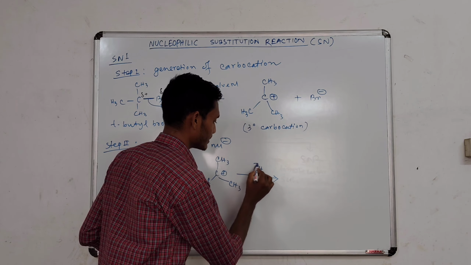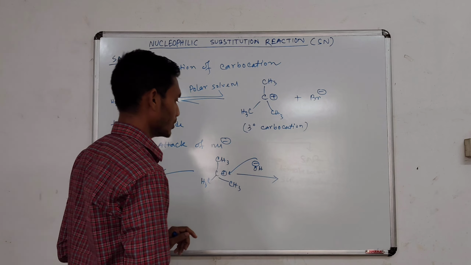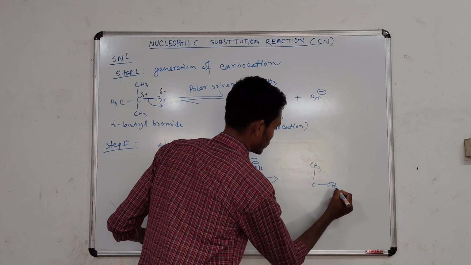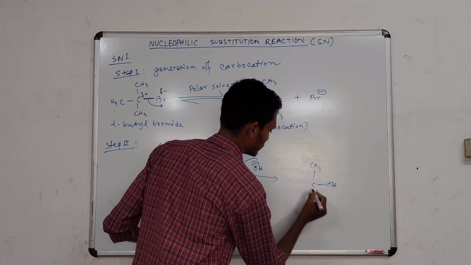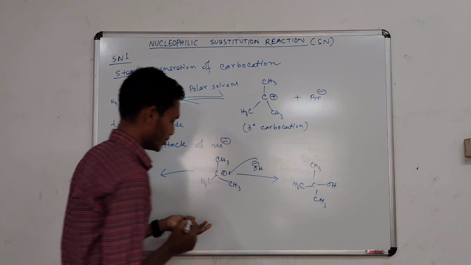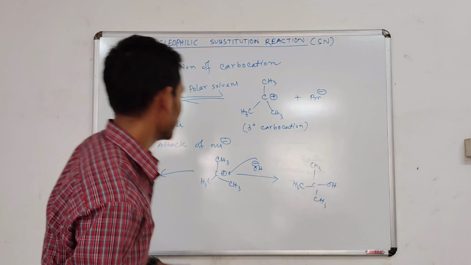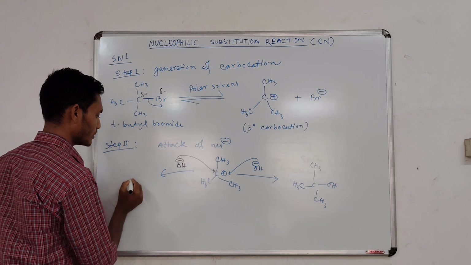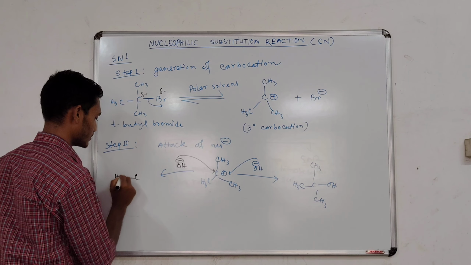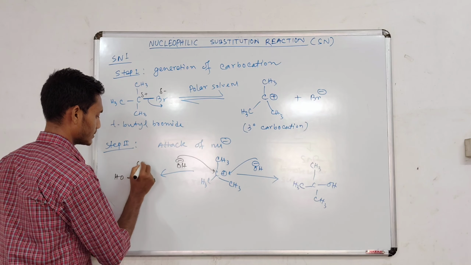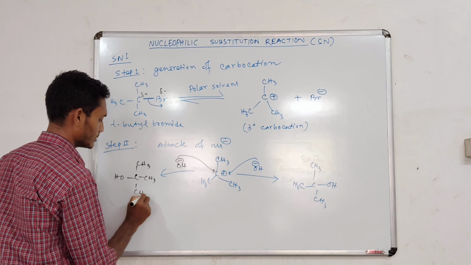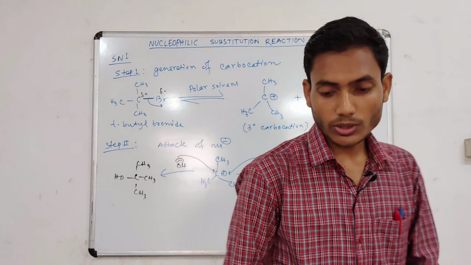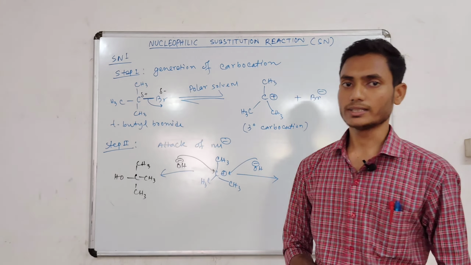OH minus attacks from the right side, so we get a product, and OH minus can attack from the left side, so we get a product. So it is the mechanism of SN1 reaction, or unimolecular nucleophilic substitution reaction.